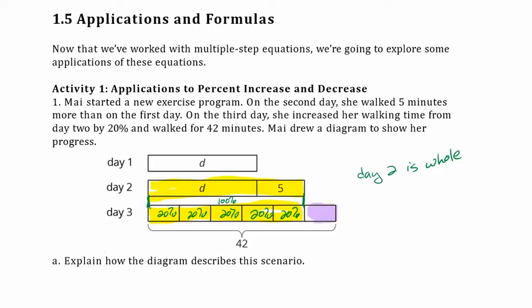On day 3, we're going to increase what we did on day 2 by 20%. So this block here represents the 20% increase, namely 20% of day 2. Okay, that's important, this idea of what is the whole.